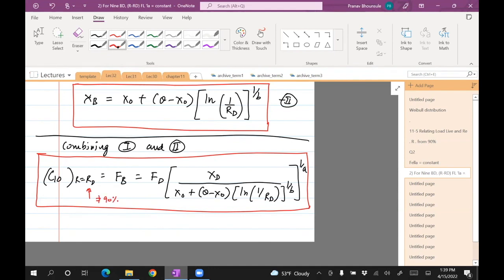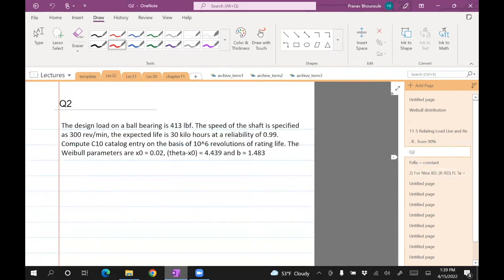Okay, so let's see how to apply this in a formula, in a problem.